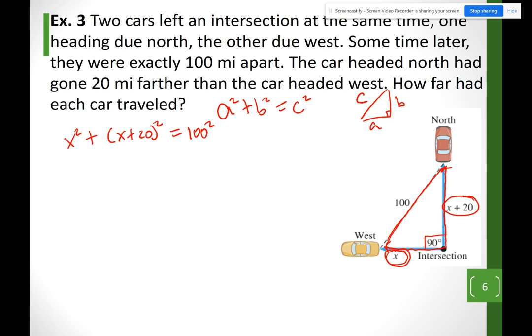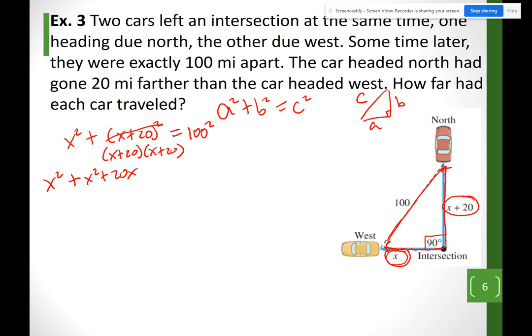Now my x plus 20 squared, I'm literally going to write x plus 20 twice, because that's how I remember that I have to distribute. All right, so what I have here, I have x squared plus, let me distribute the x from the first parenthesis, so that gives me x squared plus 20x.